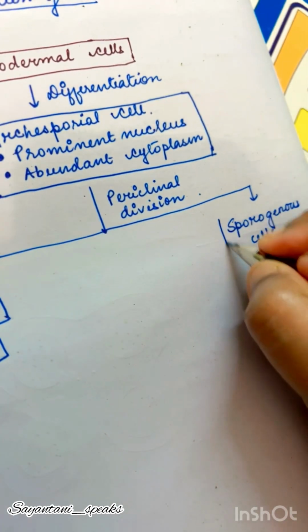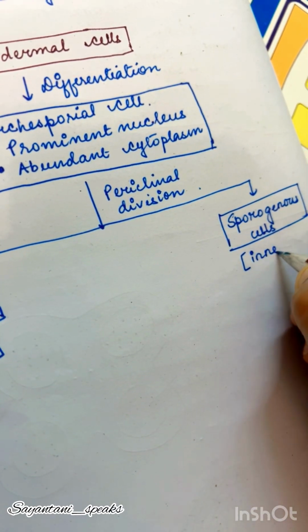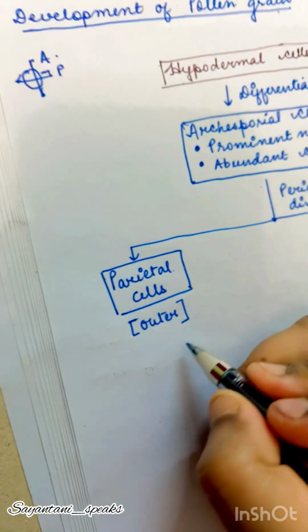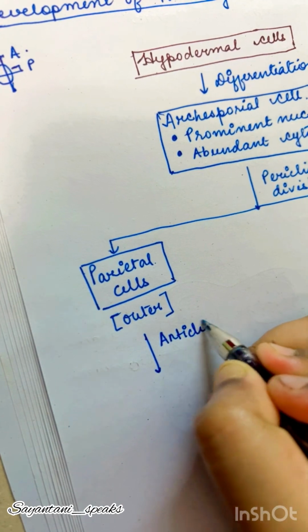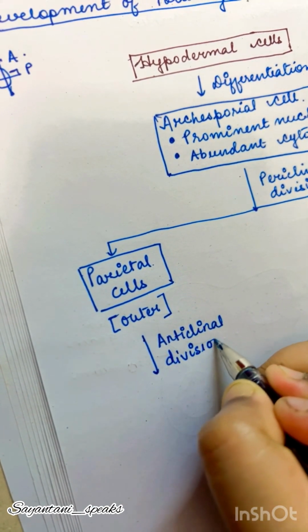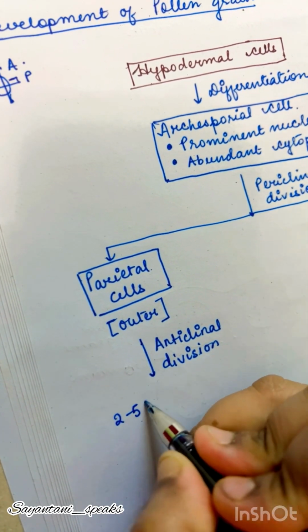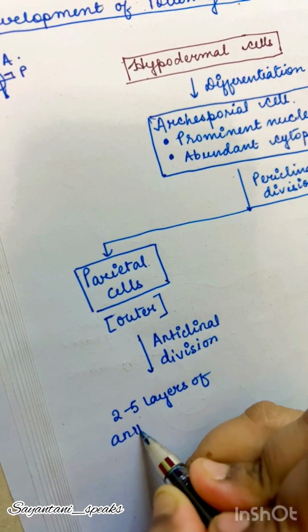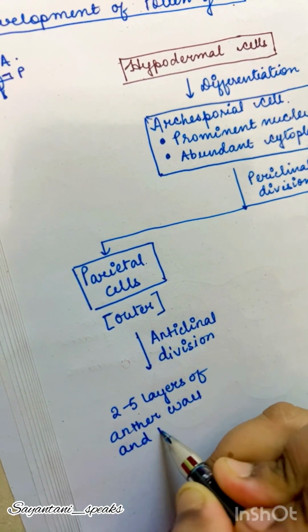Now, the outer layer undergoes anticlinal division, and it forms nearly 2 to 5 layers of anther wall and tapetum.